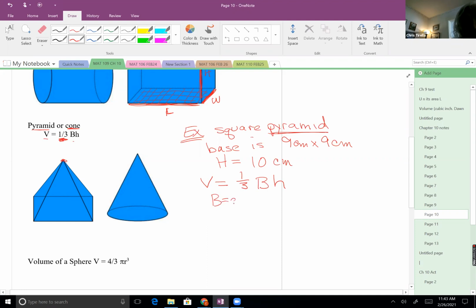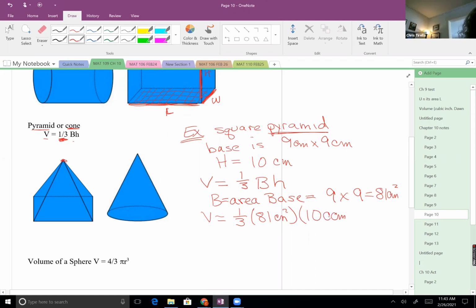Remember, B is the area of the base, which for a square would be length times width. 9 times 9 is 81 square centimeters. So the volume would be 1/3 of that 81 square centimeters times the height, which is 10 centimeters.